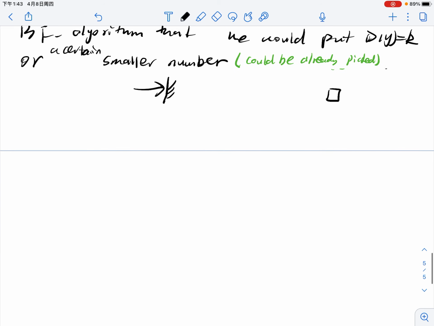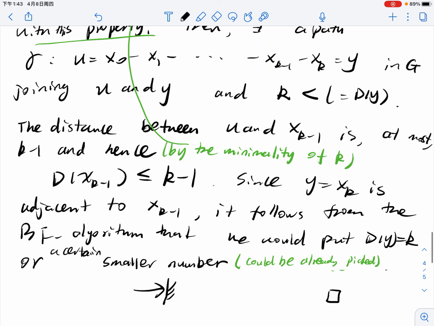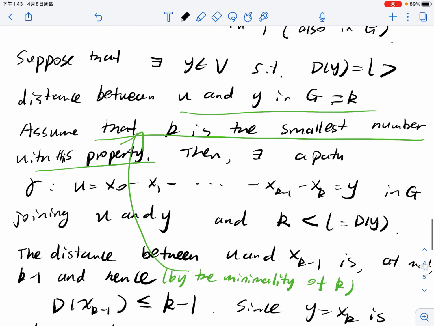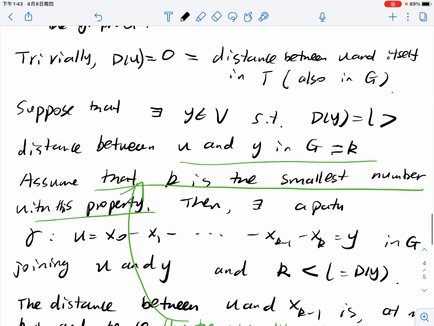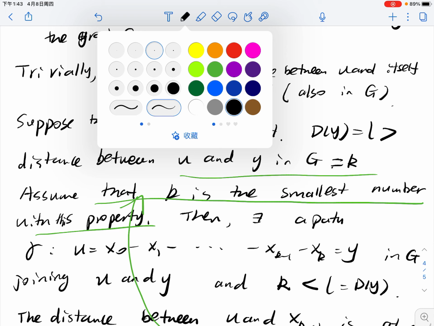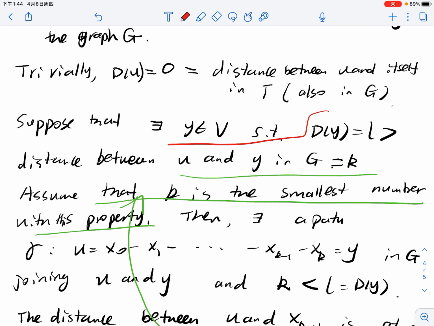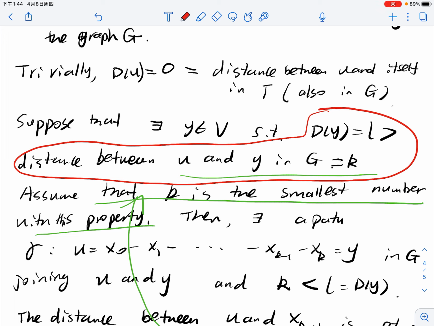Okay, so we are done. And so this is a contradiction, which means that we cannot assume that dy is greater than the distance between u and y in G.